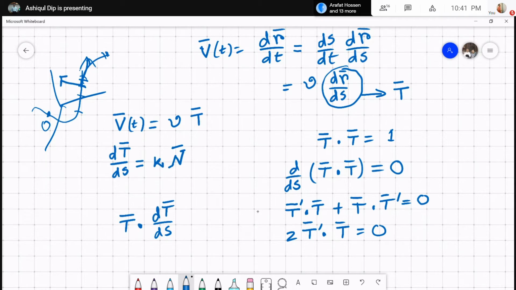Any vector which is not perpendicular to t should define a plane as well, because if you have t in this direction and another vector in that direction, and the angle is not 90 degrees, you still have a defining plane there, right? But this plane has a specific name. You have a named plane on which the curve lies.